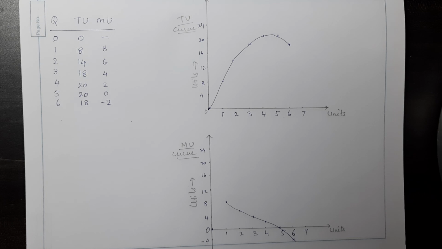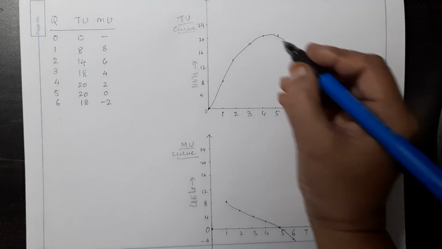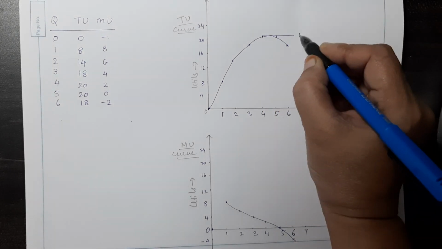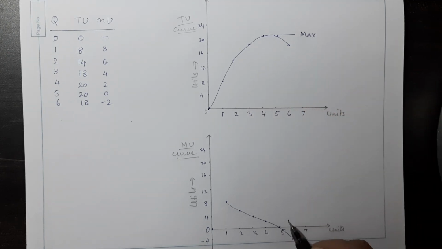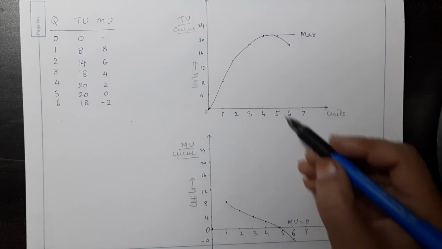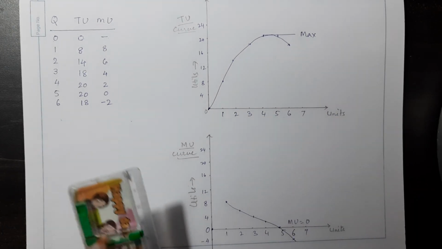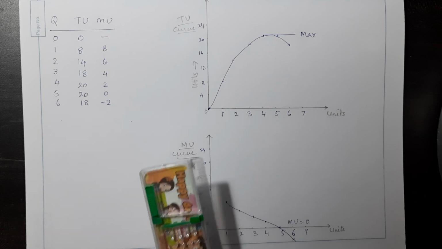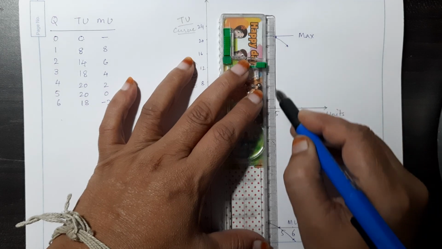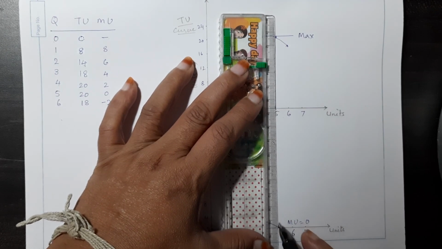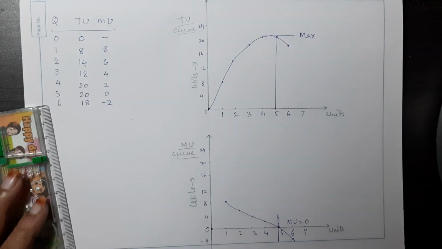Now, what's very important over here is this TU is maximum over here. And here MU is equal to 0. This is the maximum when we are at the fifth unit. Just see, fifth unit is here for TU. Fifth unit is here for MU.